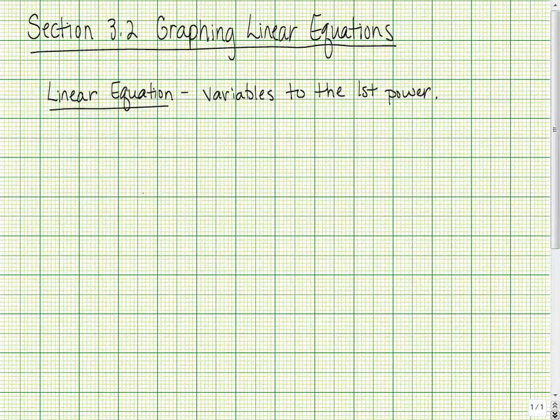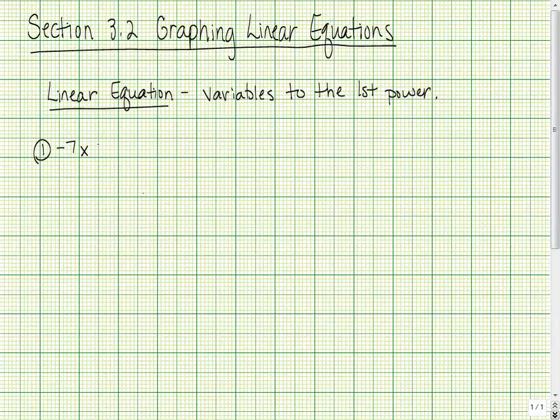But if you have another exponent, like if you have an x squared in there, or x to the third, or x to the 1/3, something like that, then it's not linear. So the first thing we're going to do is look at some equations and decide if they're linear, which means if they would form a straight line when we graph them.